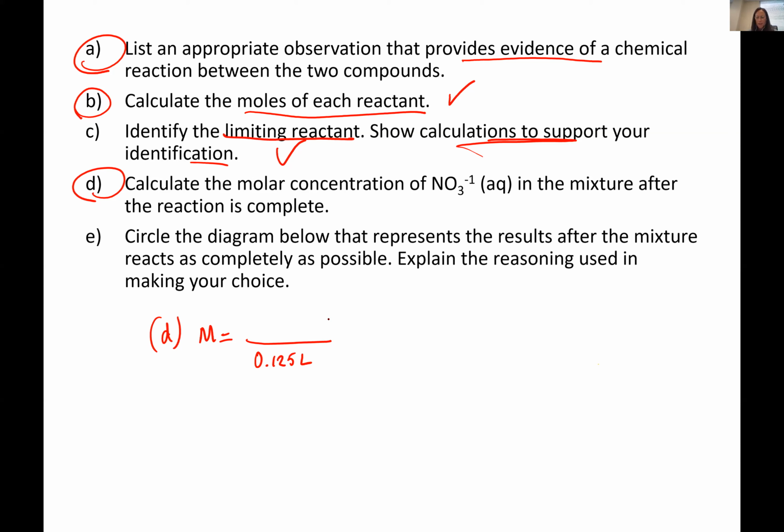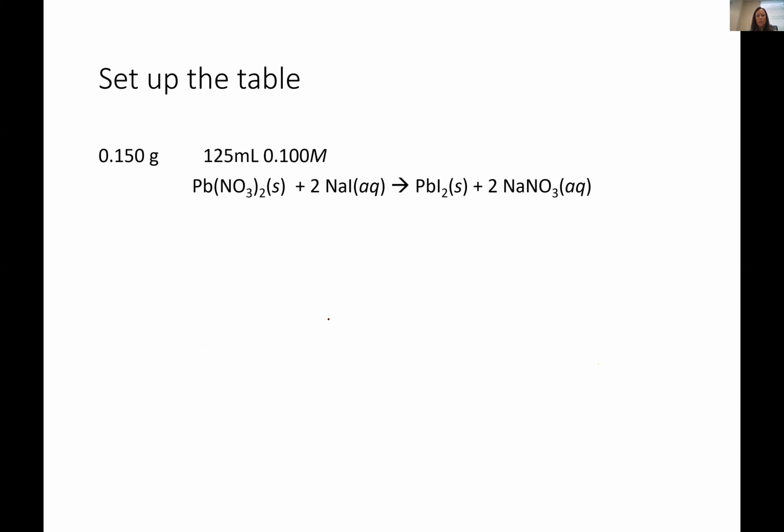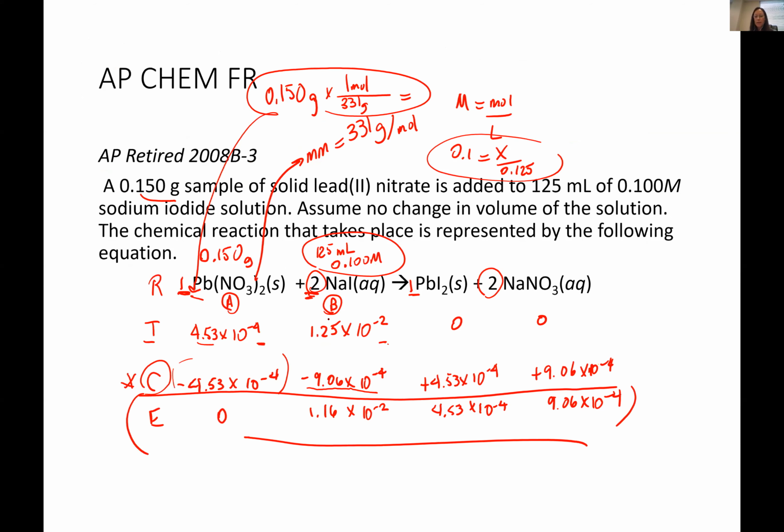If I go back, I think all of my writing might be gone. Oh, no, it's not. Okay, awesome. So if we look at this, we have 0 nitrate from over here on the reactant side. Do you see that? But on the product side, this is how much nitrate we have left over in solution, because Na and NO3, 1-to-1 ratio.